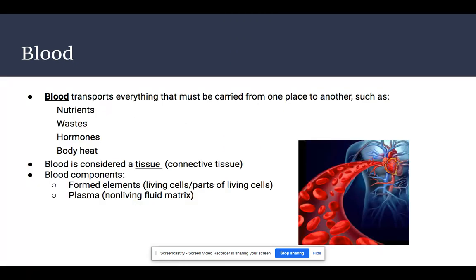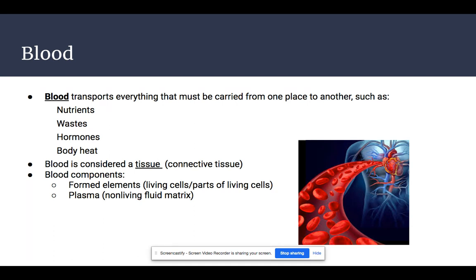So, blood. Its function is to transport everything that needs to be carried from one place to another in the body. So it's in this closed circulatory system where it transports nutrients. We know from the review of the digestive system that we get all those monomers of the lipids, of the carbohydrates, of the proteins, the amino acids, absorbed in the small intestine into the submucosa where those blood vessels are, if we remember that.